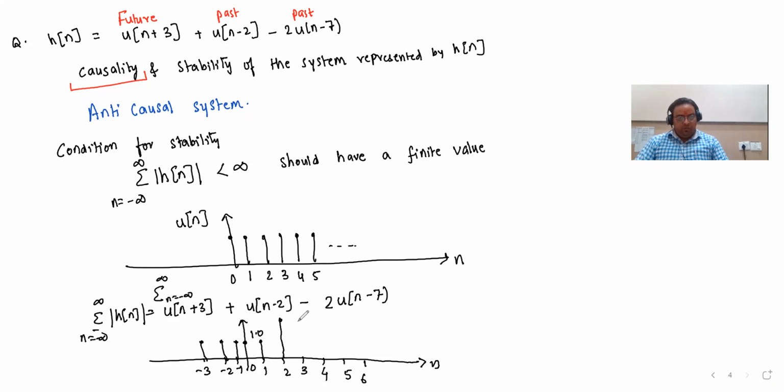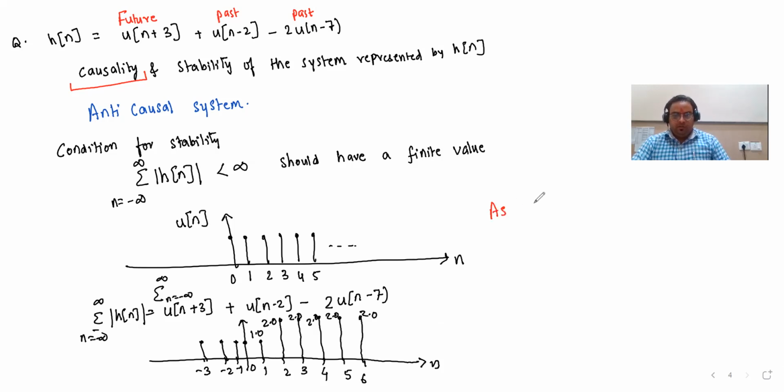And then from 2 up to 6, the values will be 2.0, 2.0, 2.0, and the rest will all be 0. The rest all cancel out here. So we can see that this summation is a bounded signal.